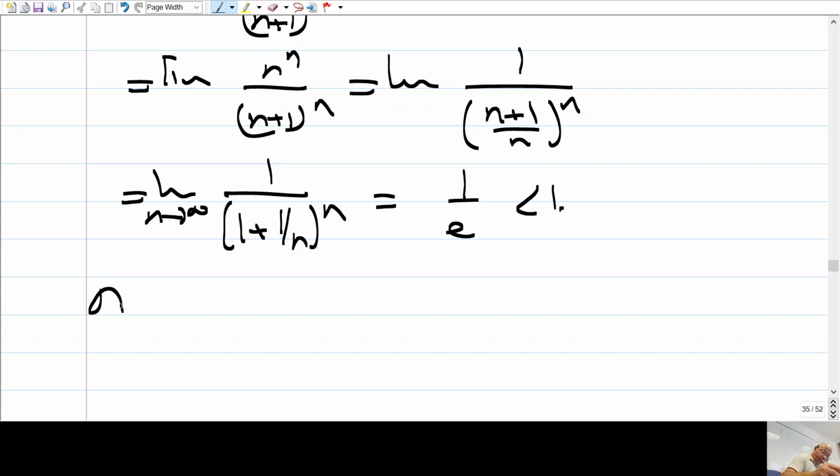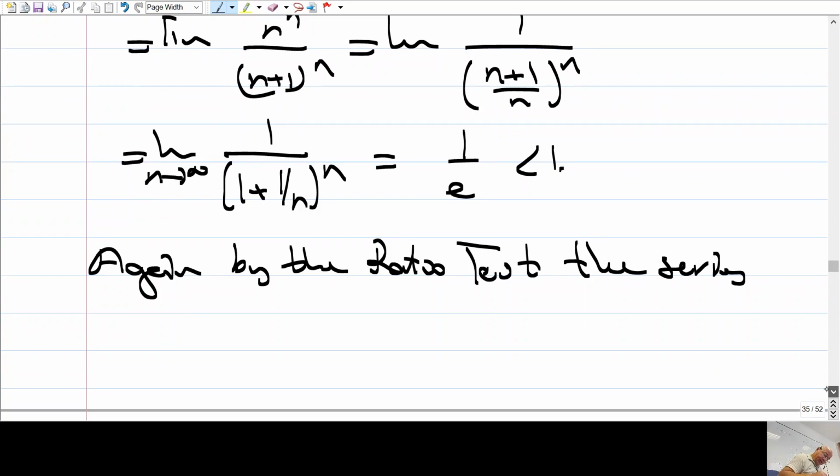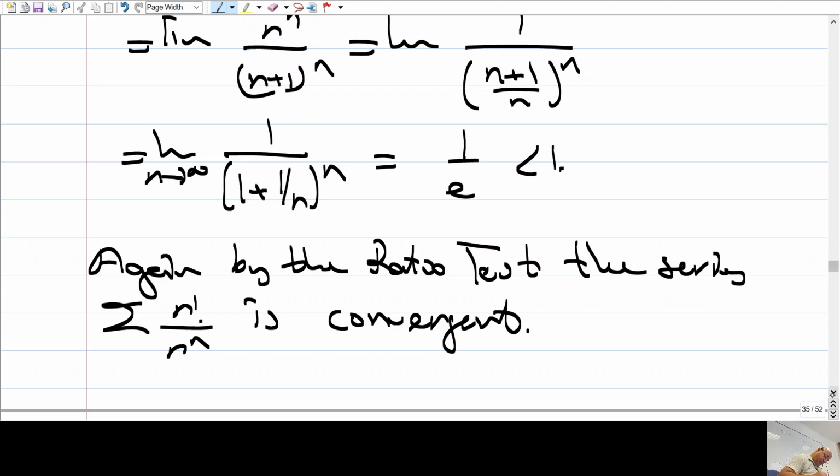So again, by the ratio test, the series n factorial divided by n to the power n is convergent. Alright.